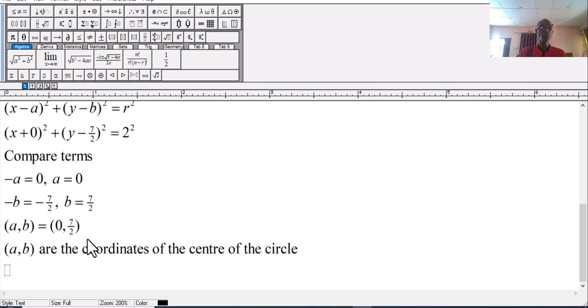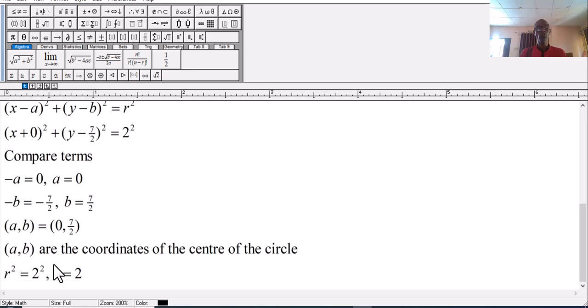So from there we can also see our radius. Our r squared equals 2 squared. So invariably our r equals 2.